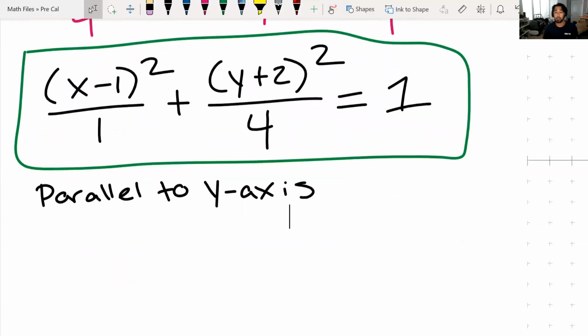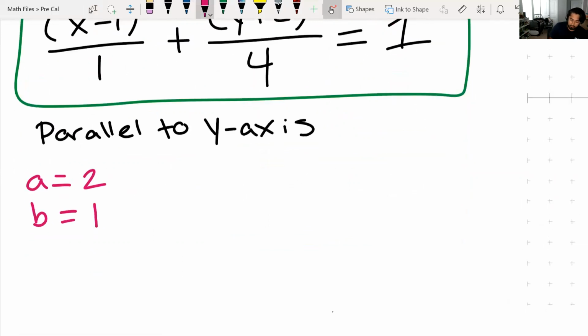And since we know the equation, we can grab a lot of information from it. So this means that we already know the value of a. A is 2, b is 1, which means we just have to find c.